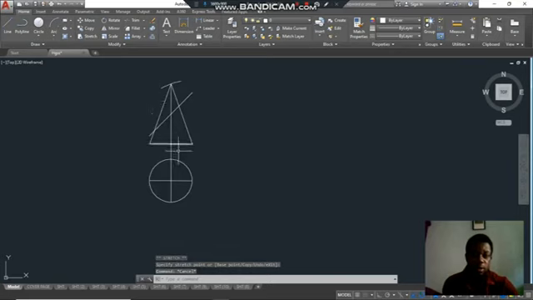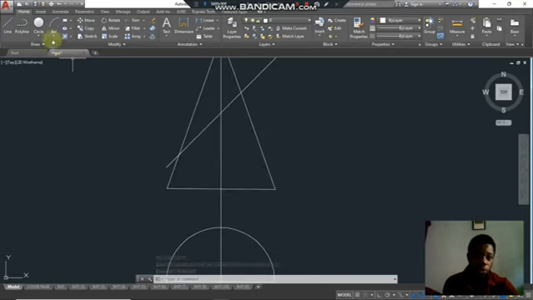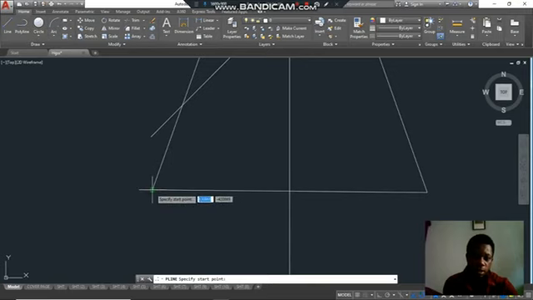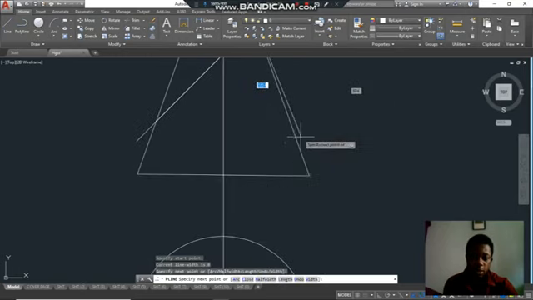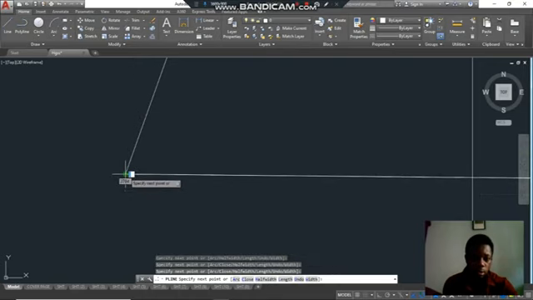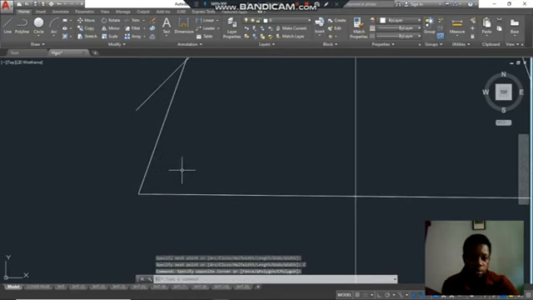I'll bring out the shape we are to work with, a polyline from here to here, to this point, to this point, and close it at this point.